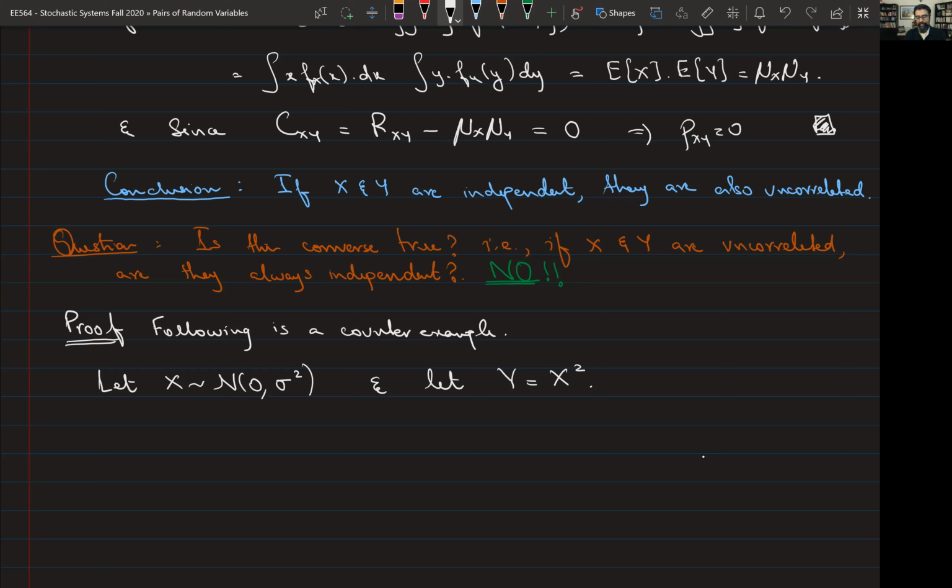Okay, so given that they're dependent, let's try to find what their covariance is. So I will find the covariance. The covariance of X and Y is defined as expected value of (X minus mu X) times (Y minus mu Y), right?